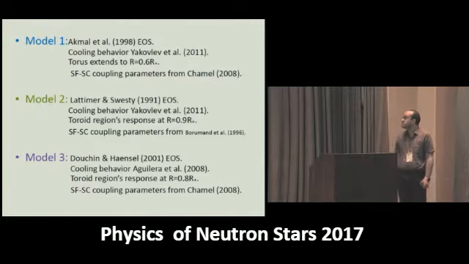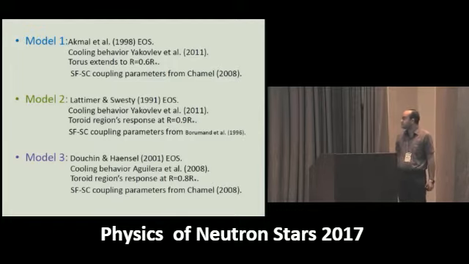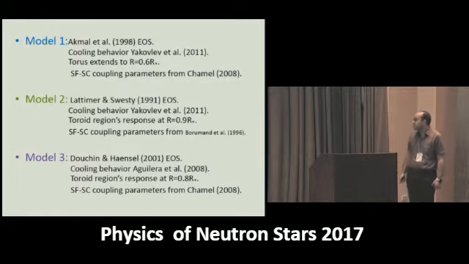I needed temperature evolution, for which I used Yakovlev et al.'s modified Urca process cooling and Aguilera et al.'s magnetic field Joule heating assisted field decay model. I have considered three places for the location of the toroidal field region, and the superfluid superconducting parameters are taken from Chamel and Bormand et al.